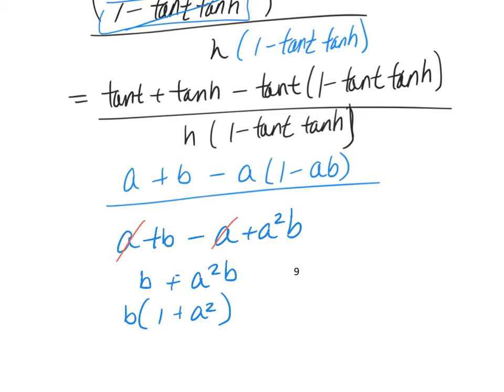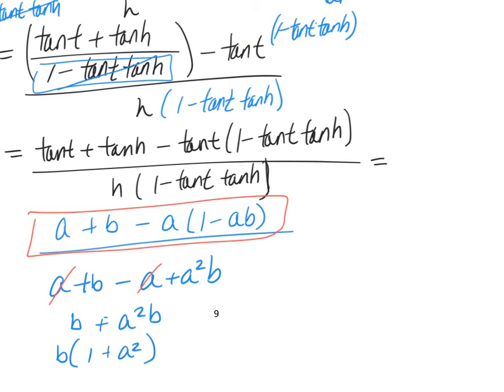So let's apply what we just did algebraically with a's and b's to make our life easier, to the tangents that we just had. The first thing I did on this step is I multiplied that negative a through, yes? So I'm going to go back and multiply the negative tangent t through.